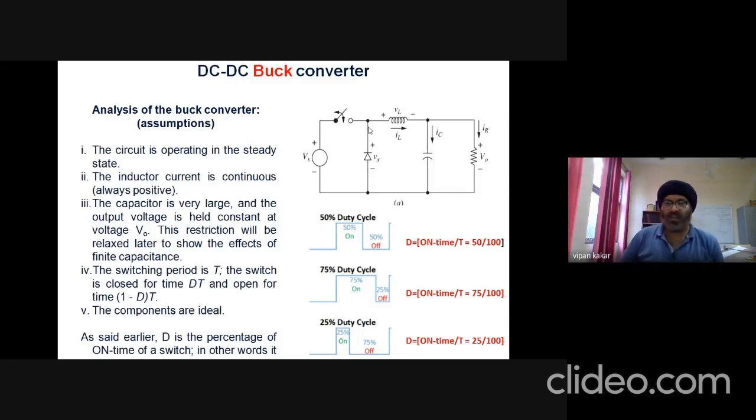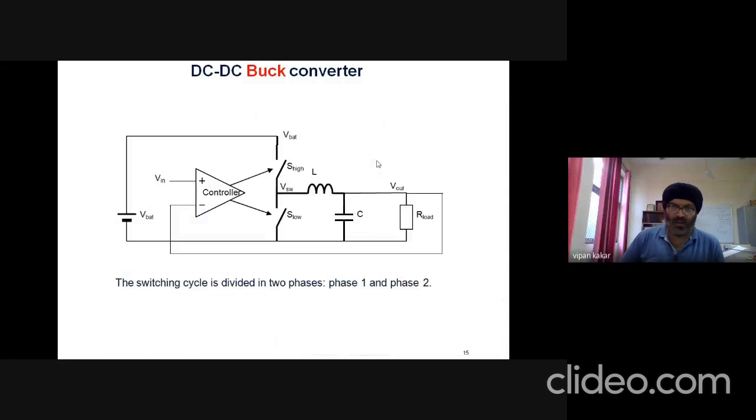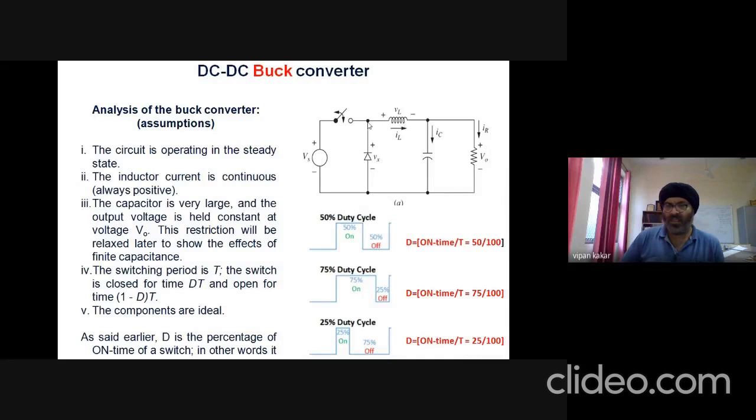Okay, so this is a simplified diagram of a buck converter as we saw in the previous diagram. Instead of the low switch, I have replaced it with a diode, so that it becomes simple in this first case. The inductor is connected between this switch and this switch.